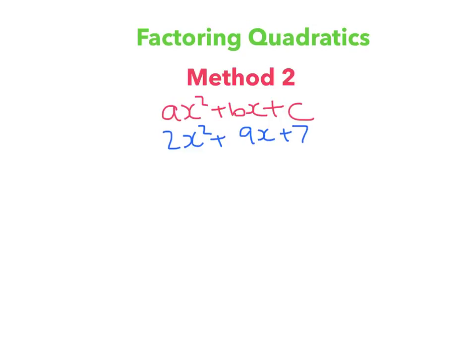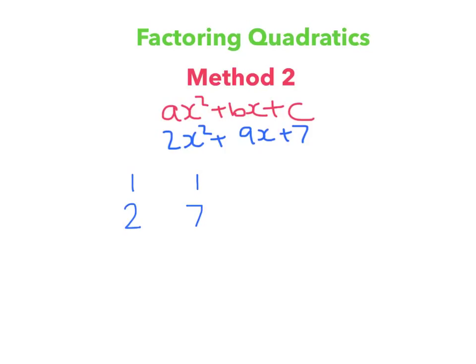What you do is you think of two numbers that multiply up to a. So let's just say that I'll choose 1 and 2. Let me write them like this. And then you choose another two numbers that multiply up to c. So let's say I choose 1 and 7.